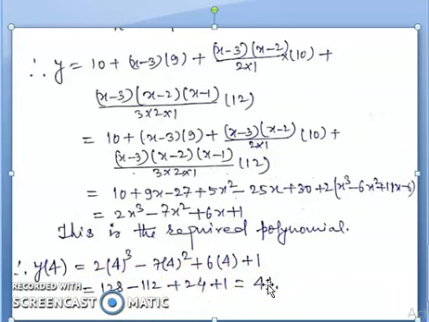So this is the process of the Newton backward difference formula, and the value of y4 is like this, 41. We get the result 41. Thank you.